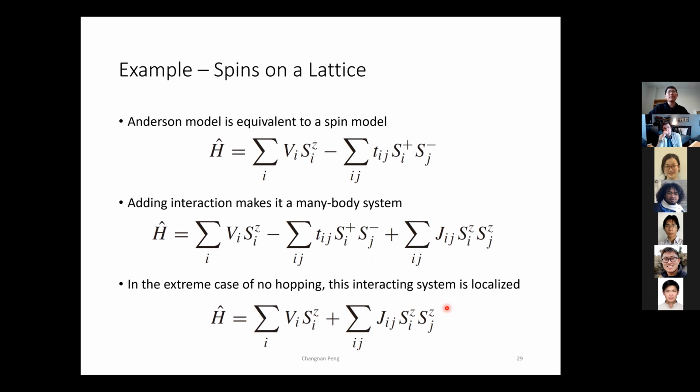The example is a spin on a lattice. The Anderson model is equivalent to this spin model where spins can hop around on the sites, and we can add interaction to make it a many-body system, like the nearby spins interacting with some coefficient. This is a many-body system and hard to solve. And in the extreme case of no hopping, like setting T_ij to 0, this Hamiltonian is actually easy to solve.